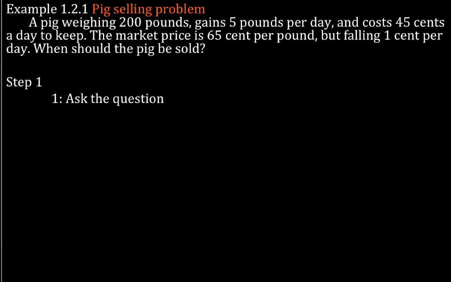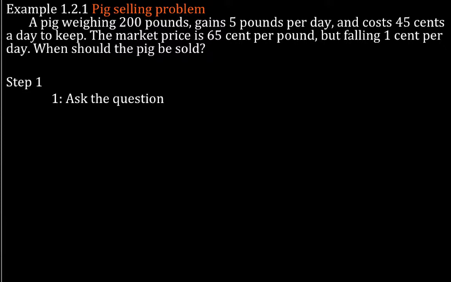Okay. Now we follow the 5-step method. First one, ask the question. Under this, read the problem and get an overall idea of the problem. Then understand the goal. So what is the goal of this problem? They are asking, when should the pig be sold?